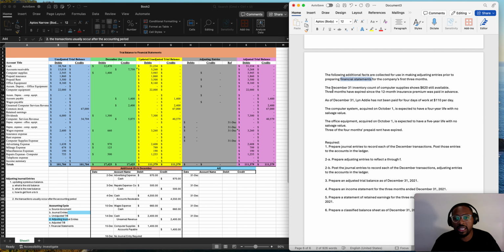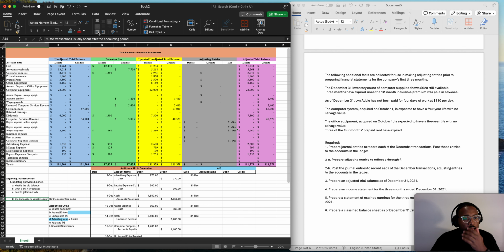So as you can see here, if the accounting period is to December, you see that there are a lot of December 31st transactions. Why? Because there are some transactions that are going to happen after the fact. They're going to happen after the cutoff, right? You're like, but Dr. Akin, what is a cutoff? What is an accounting period?